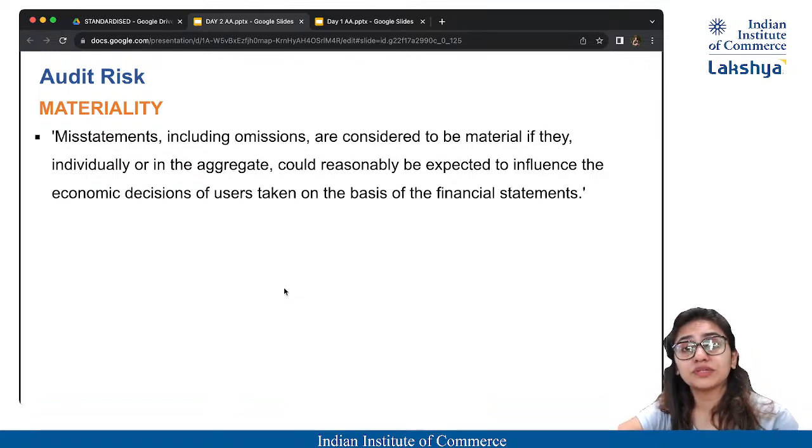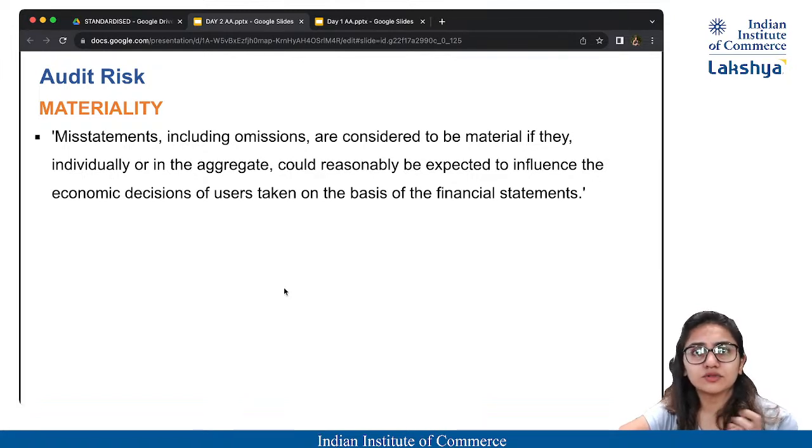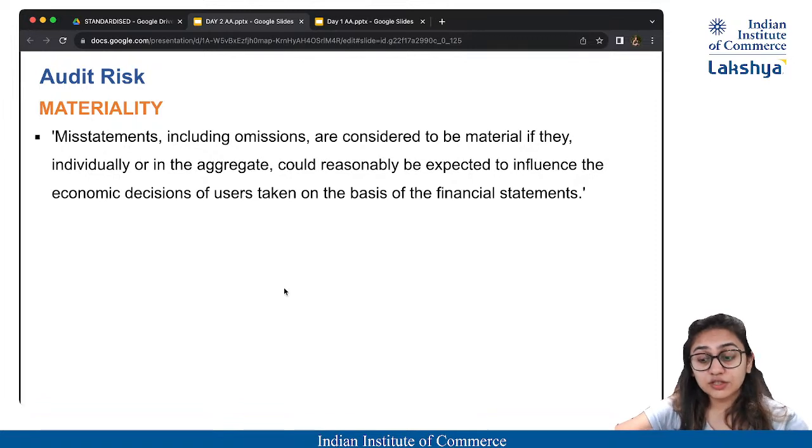If 500 rupees fall down from my purse, if it was really material to me, I'd react. If 10 rupees fall, if it's not material, it's okay. It might be somewhere like that. So if it is going to affect your decision to invest in the company or not, that means it was material for you, that is why it has affected you. And if it is not affecting you, that means it's not material.